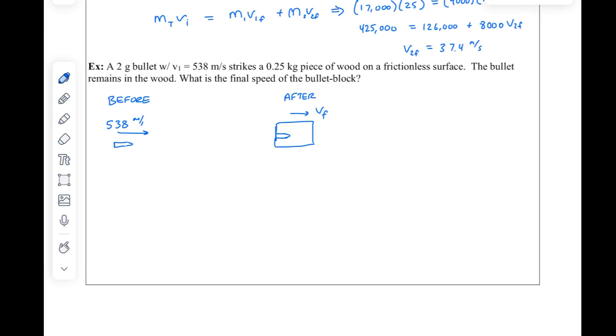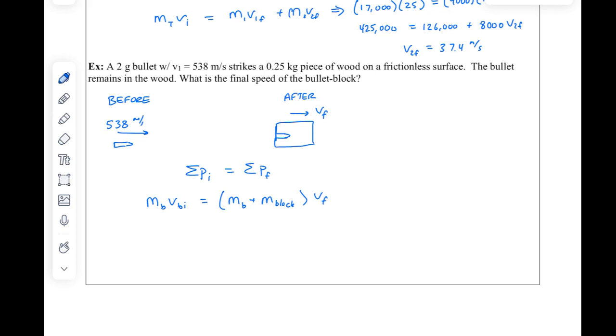So with before and after pictures, let's look at before and after momentum. So initial total momentum has to equal my final total momentum. Initially, I've got the mass of the bullet times its initial velocity. Afterwards, I have the mass of my bullet plus the mass of my block times some V final.